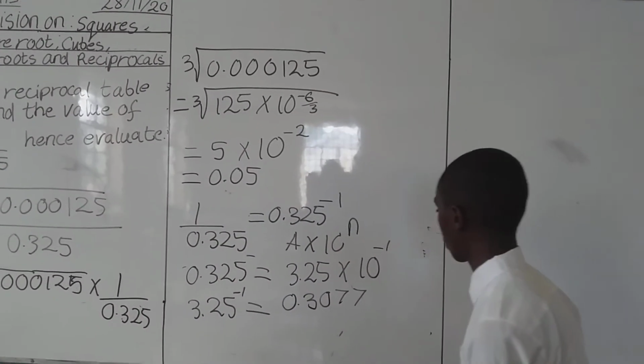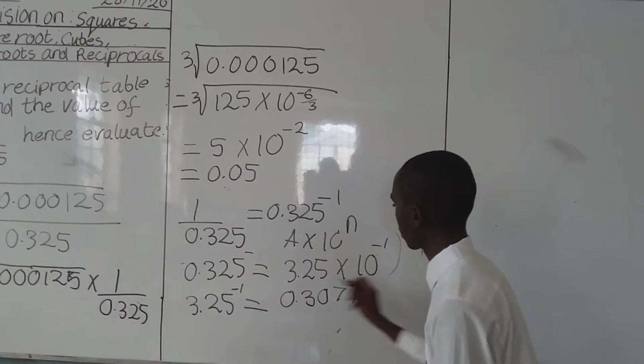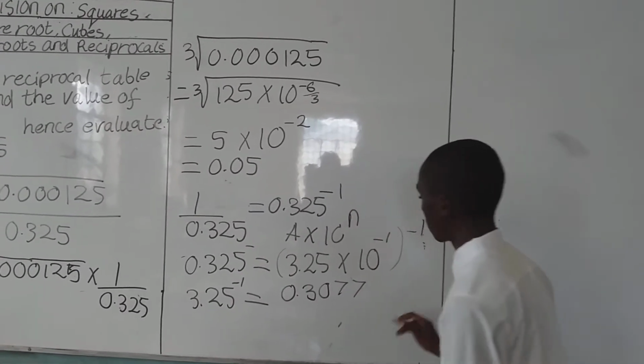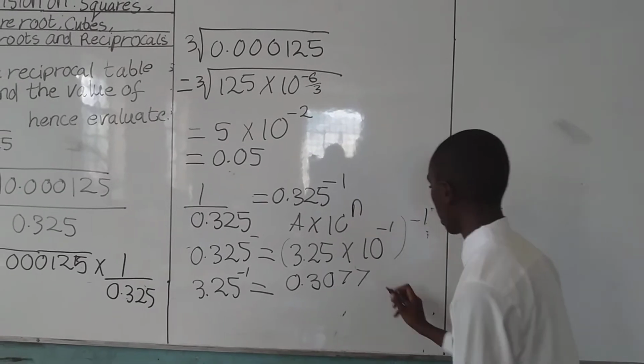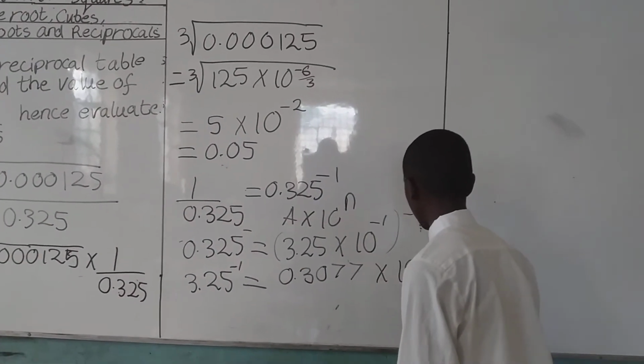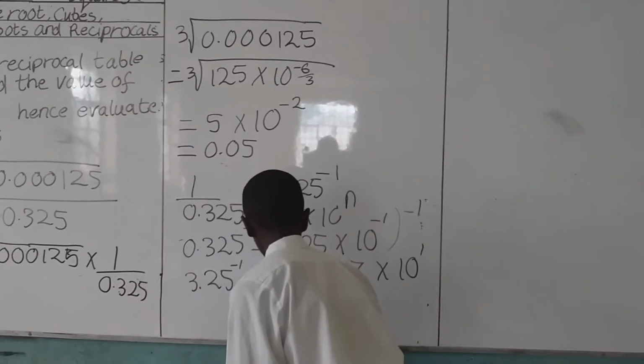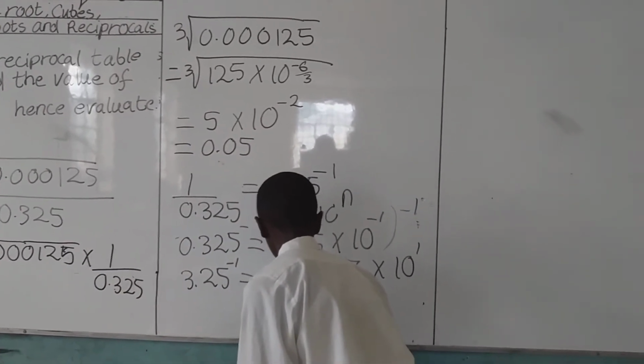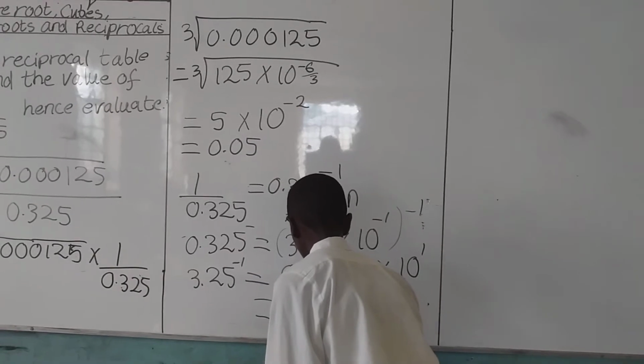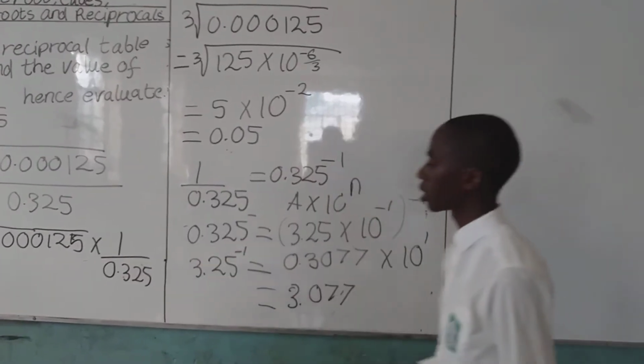Remember our 10 raised to power negative 1: since we are finding the reciprocal, the power takes a positive sign, it is 10 raised to power 1. So our reciprocal is 3.077. This is the reciprocal of 0.325.